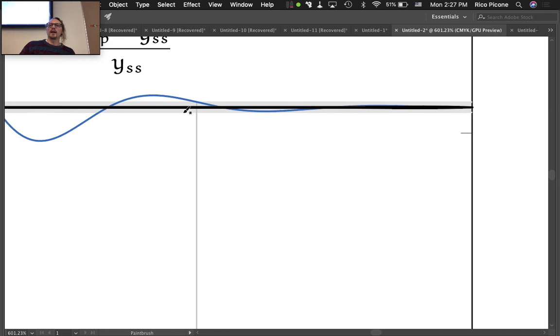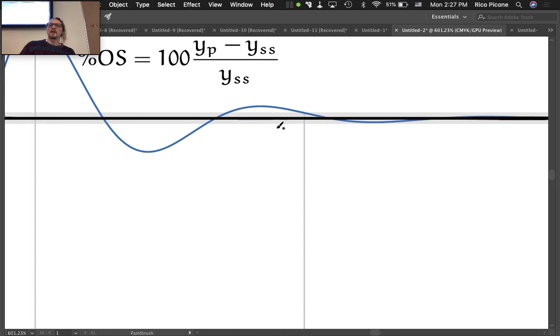So the gray band is telling you if you're within this after a certain point, you've pretty much settled down into your steady state, but it's never going to stay at steady state until time goes to infinity, right? Never going to quite stay there. So you define a bound, and it's an arbitrary choice, the 2%, but it is a standard that's used throughout the literature that I've ever seen on what the settling time means.